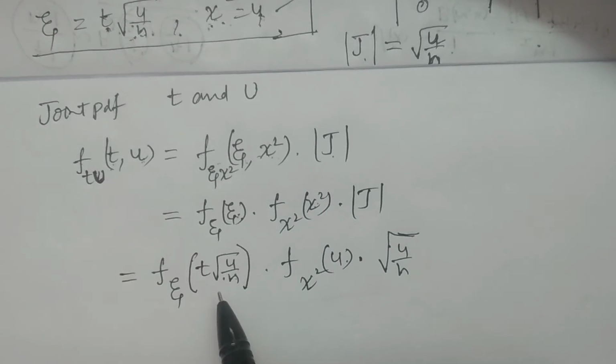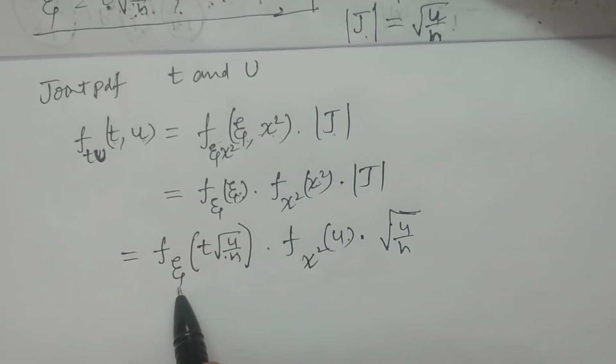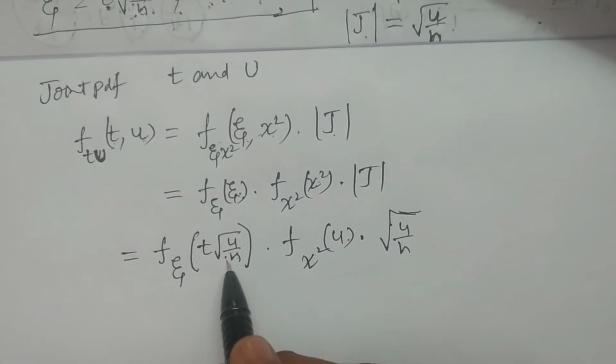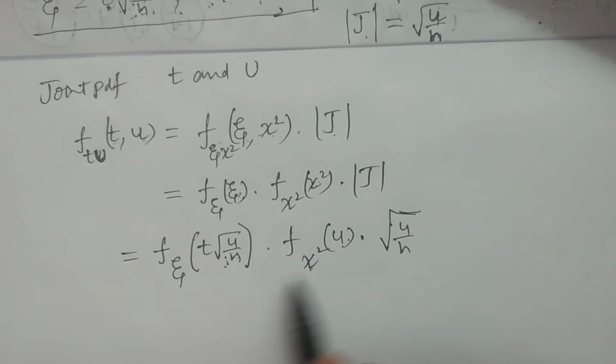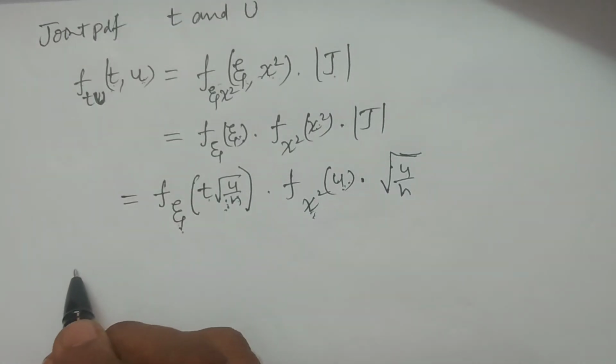Now in place of the PDF of xi, you have to use this particular value of xi, the transformation, and the value of chi square, the transformation. This is the PDF of xi, this is the PDF of chi square, that is the indication of f xi of t into root u by n, and f chi square of u. So what is the PDF of xi?